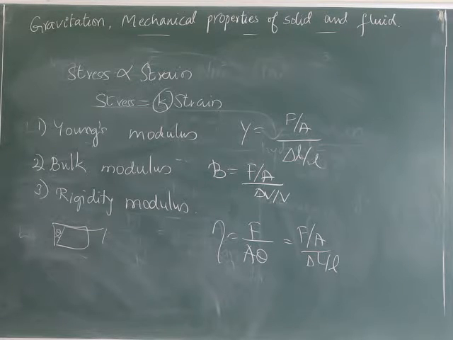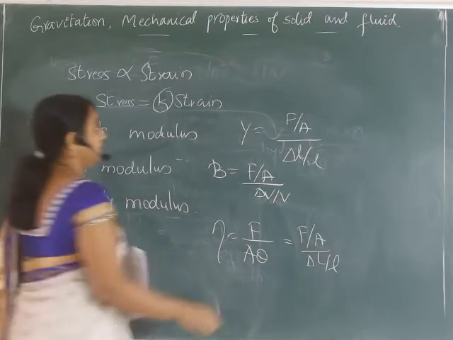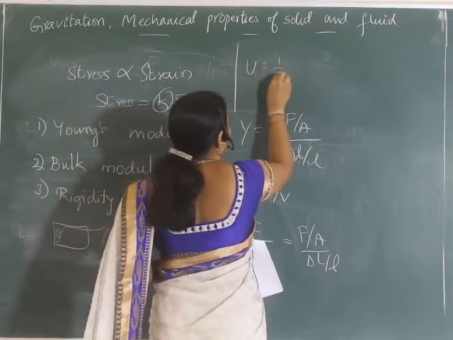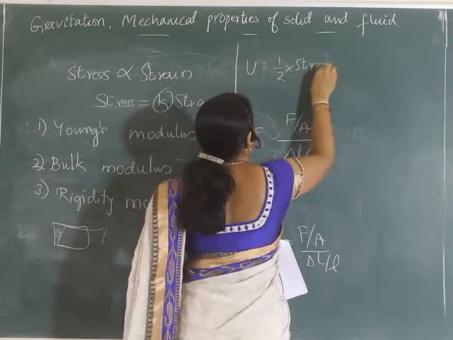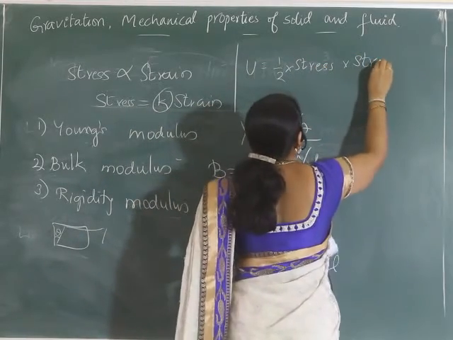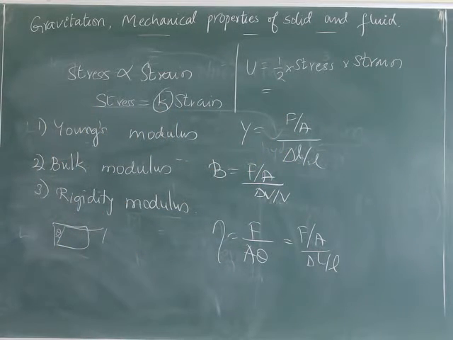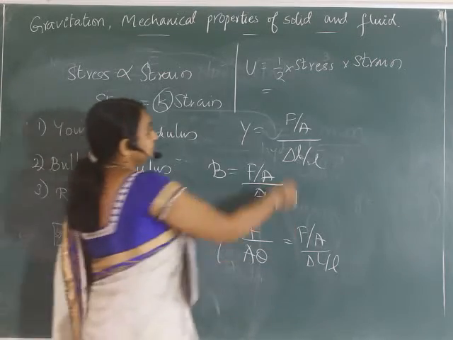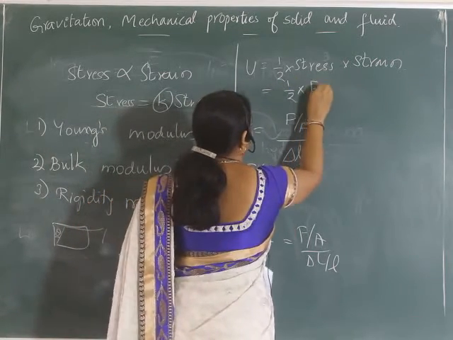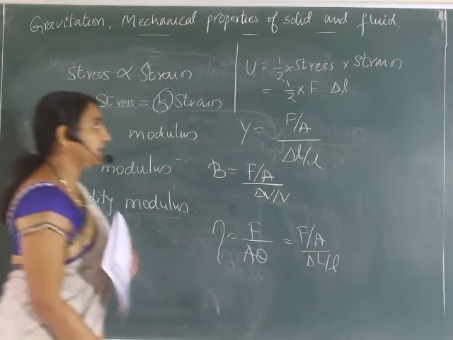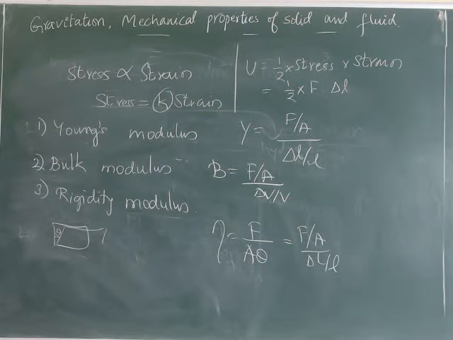Then the expression for the energy stored in the stretched wire is U is equal to half into stress into strain. This is the expression for the energy stored in a stretched wire, that is half into F into delta L. So energy stored per unit volume.